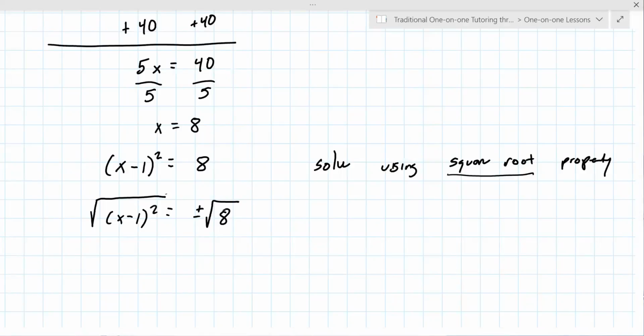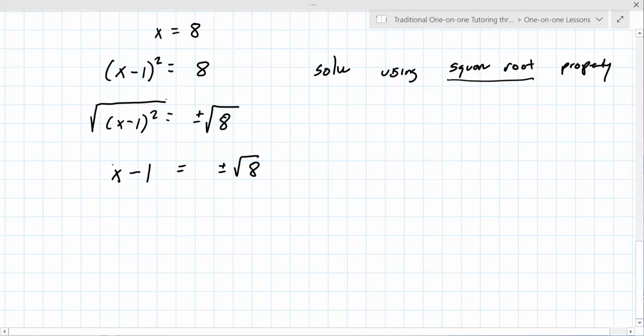Yep. Okay, now on the left, the square root undoes the square, so it just leaves you with x minus 1. How do you undo subtraction by 1? How do you undo minus 1?